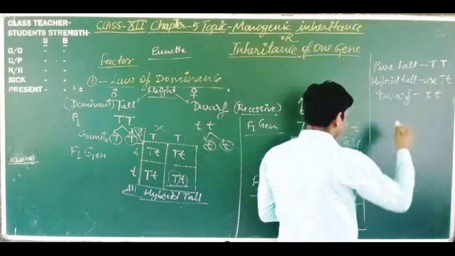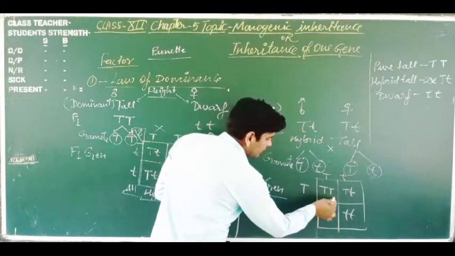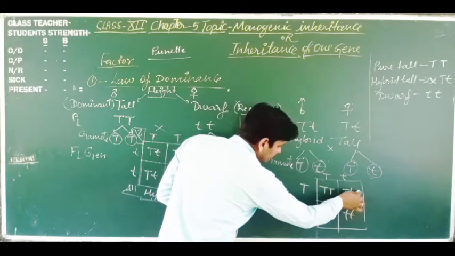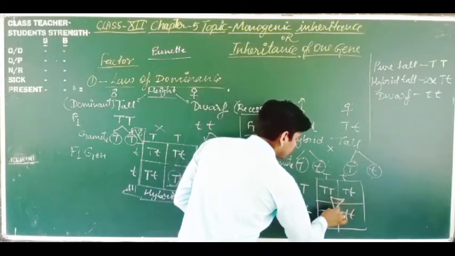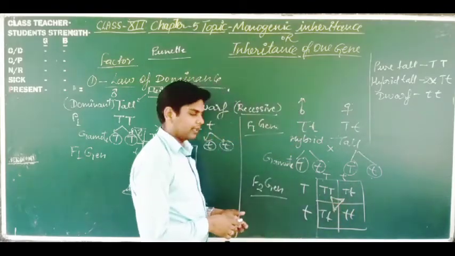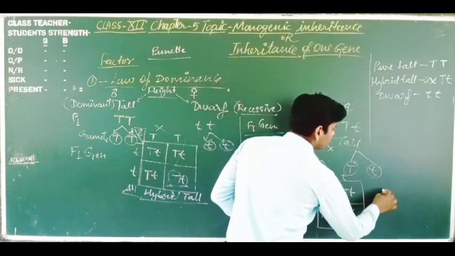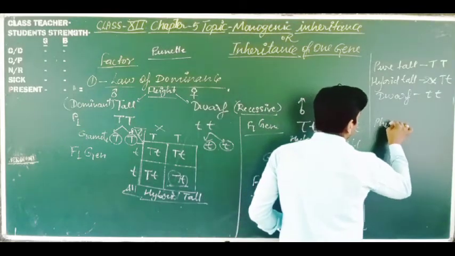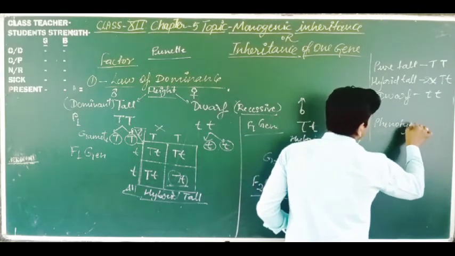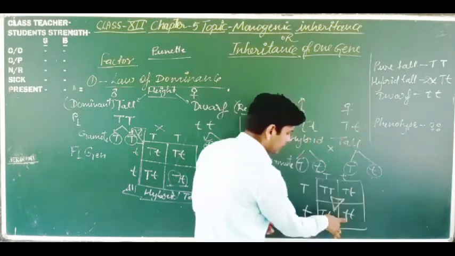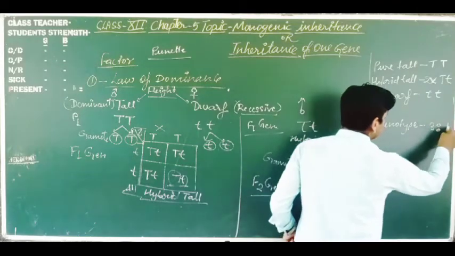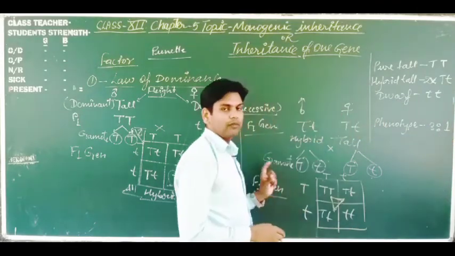Dear students, if we observe it physically, or phenotypically, then we get only 3 means these 3 are tall. So for the phenotypic ratio of the monohybrid cross, 3 are tall and the remaining one is dwarf. So the phenotypic ratio is 3:1.